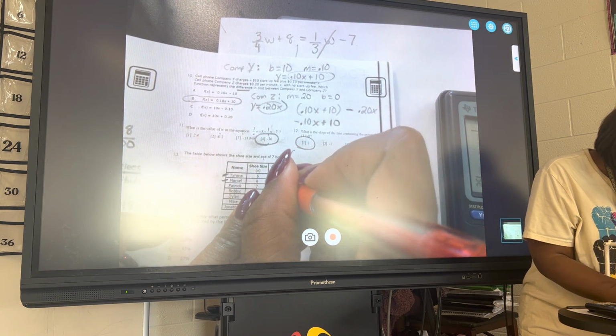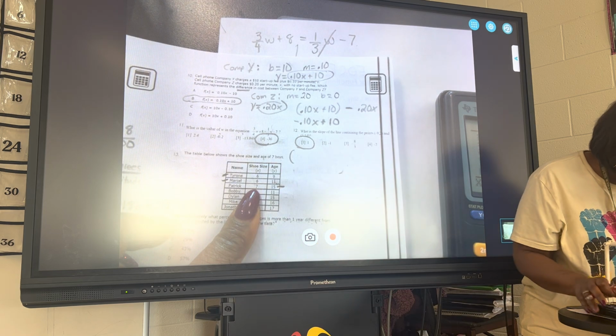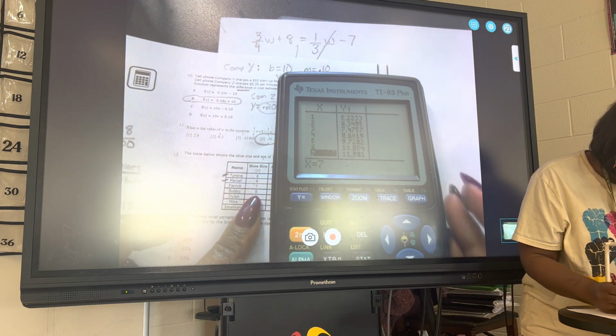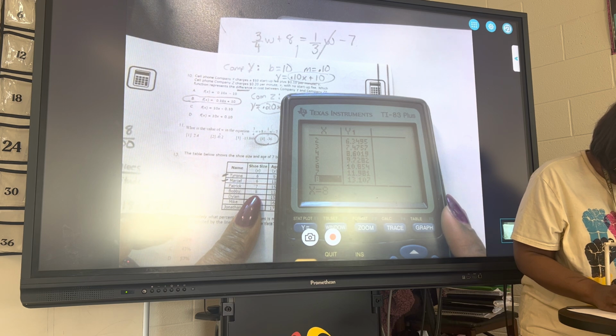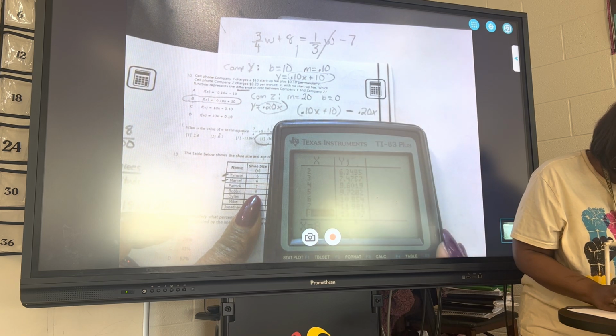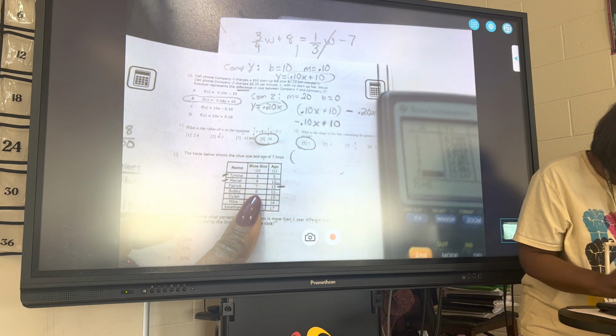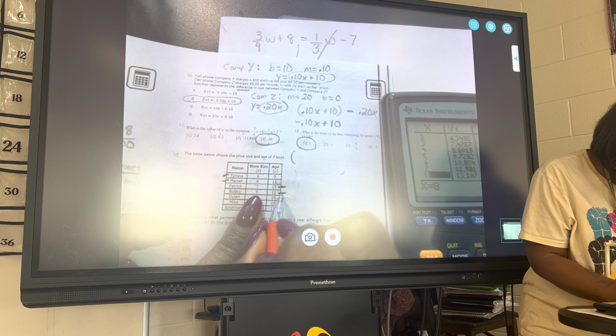So we got this one. 15 is 1. What's Dylan's? 8? Wait, for Dylan or Bobby? Bobby, sorry. Bobby is 8, and his predicted is 13. Yeah, so that's more than a year.